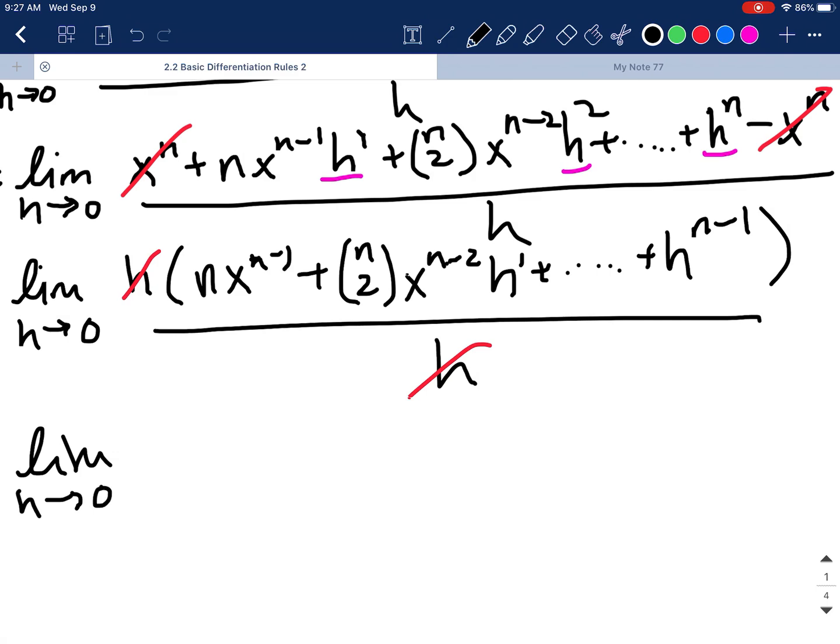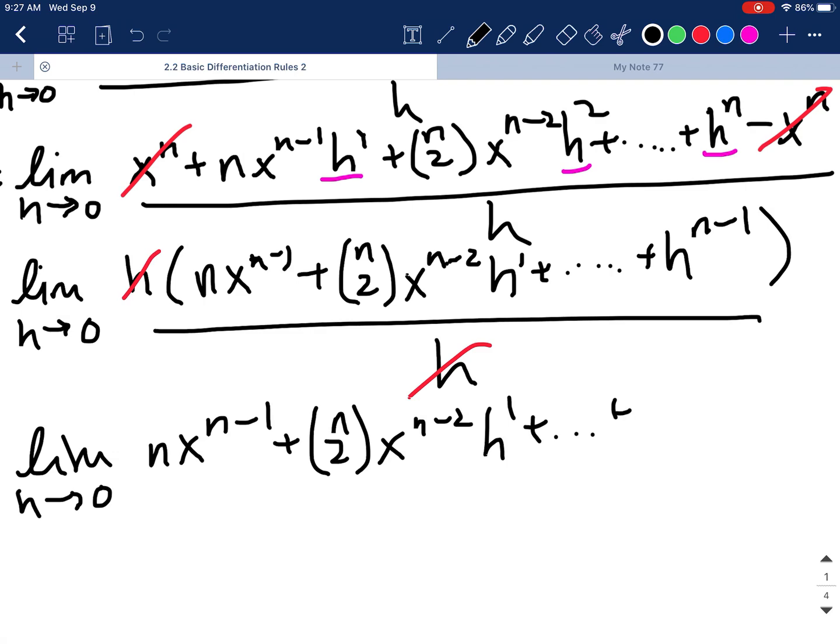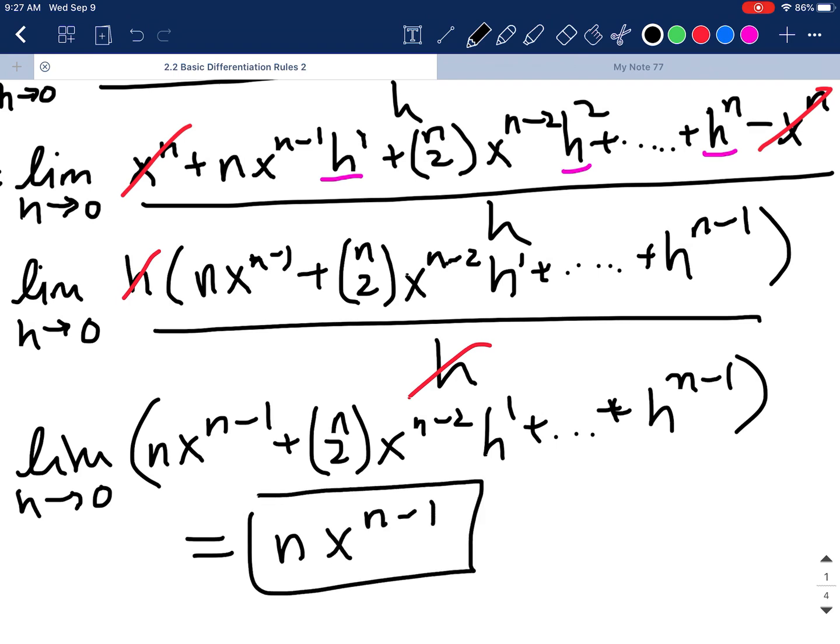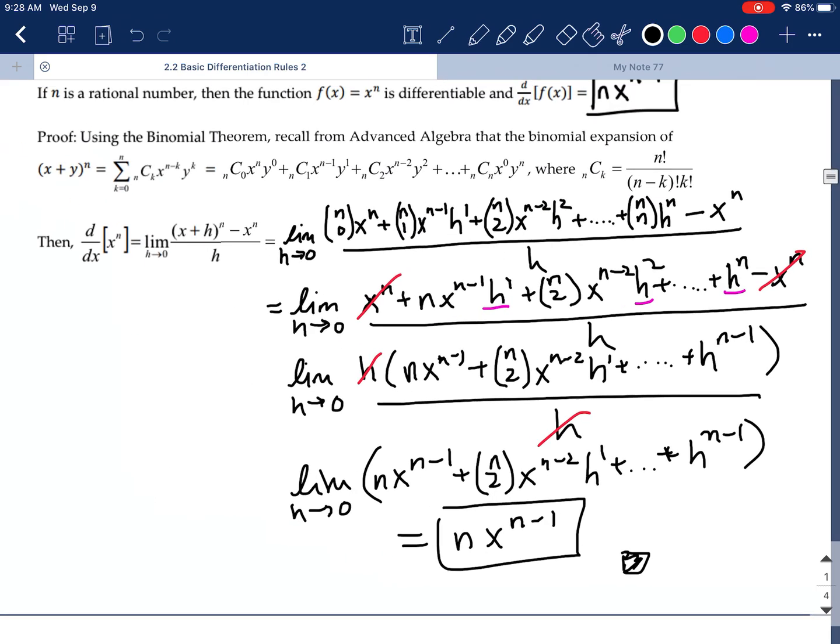Which means the limit as h goes to 0 of all of that stuff is going to work out very nicely, because if h is 0, all of the terms except the first go to 0. So my resulting limit then is n times x to the n minus 1. And that concludes our proof.